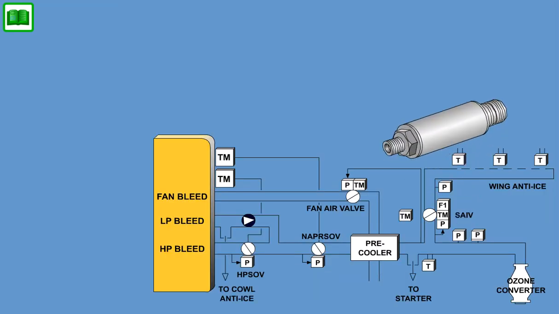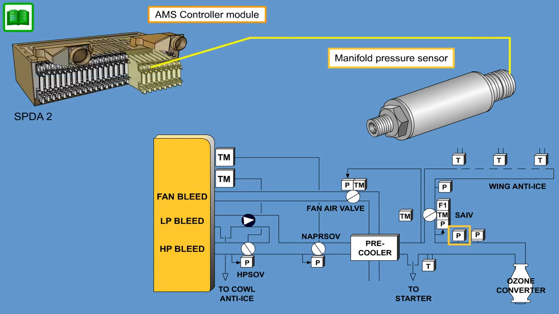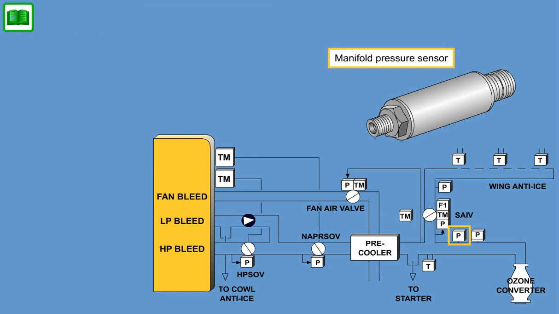The manifold pressure sensor is a dual-element absolute pressure sensor that is used to monitor bleed manifold duct pressures. The sensor provides an electronic signal to the AMS controller, used for system control and health monitoring. The sensor is hermetically sealed and consists of a supply pressure port, an internal pressure transducer, and an electronic output connector.